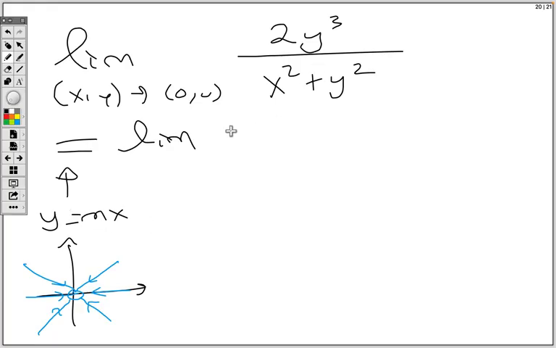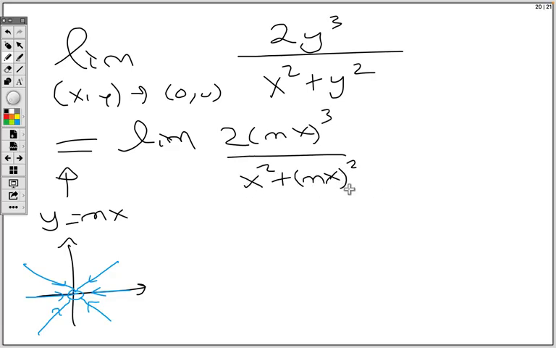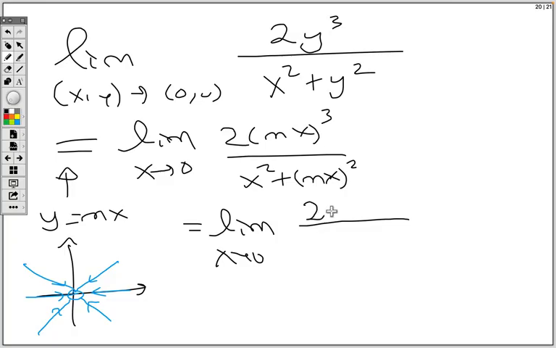So I'm going to plug in mx everywhere I see a y. And if y goes to 0, x goes to 0, and if x goes to 0, y goes to 0. So (x,y) going to the origin can be replaced with x going to 0. In the numerator, we cube the m and the x. In the denominator, we square the m and the x.